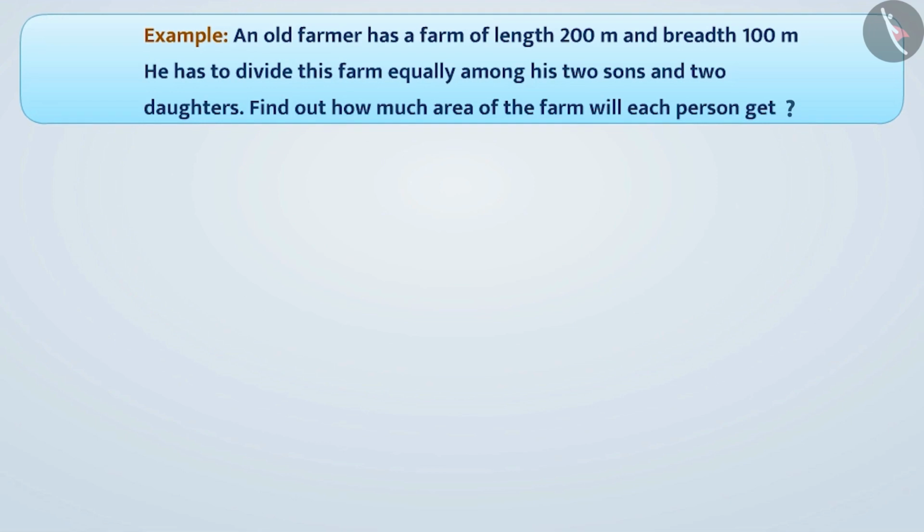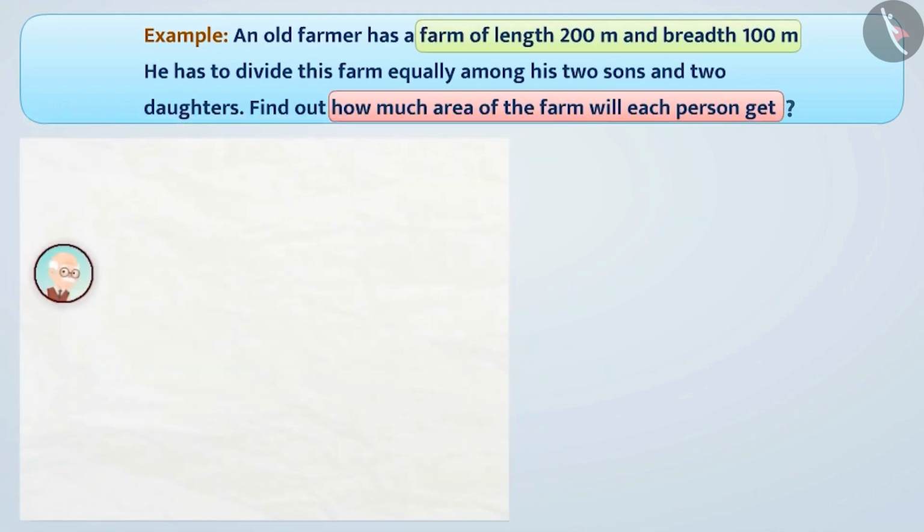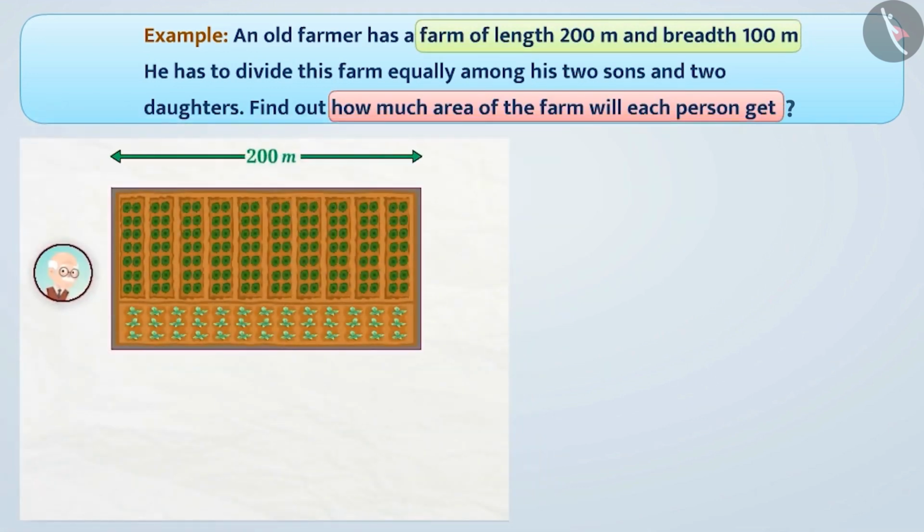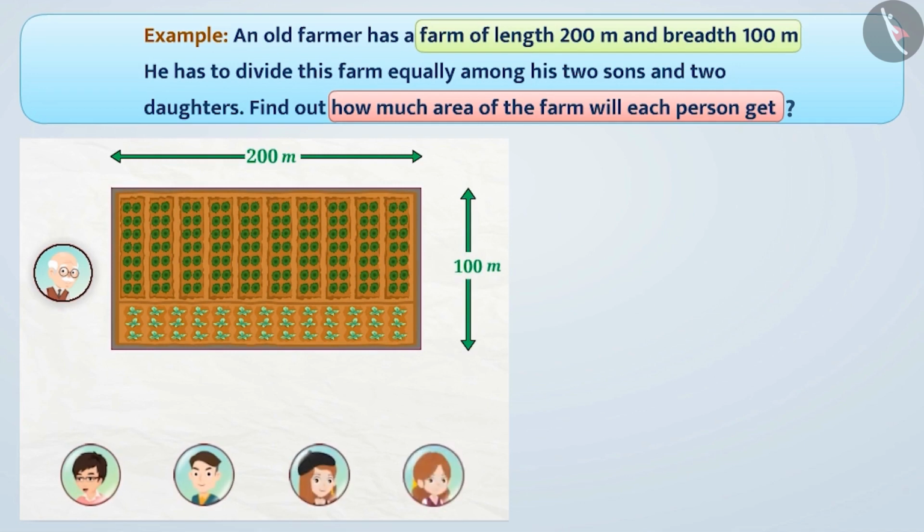First, let us check what information is given and what we have to find out. The farm has to be divided into 4 equal parts. By finding the area of one part, we can easily tell how much area of the farm each person will get.